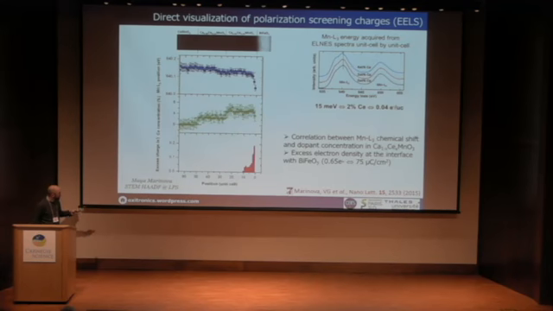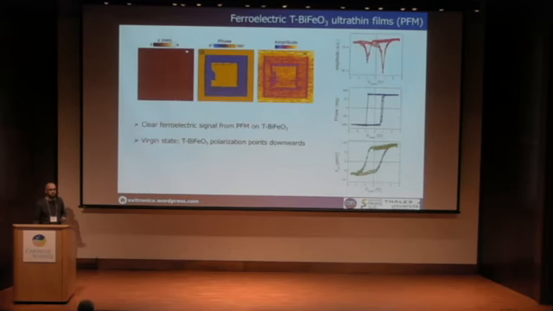When we integrate, this corresponds to values quite close to what we observed previously from the cation displacement. So there's a large polarization in BFO that is initially pointing towards the CCMO, and we can directly visualize the screening carriers in the CCMO. This downward polarization is confirmed by PFM, and we can switch this polarization.